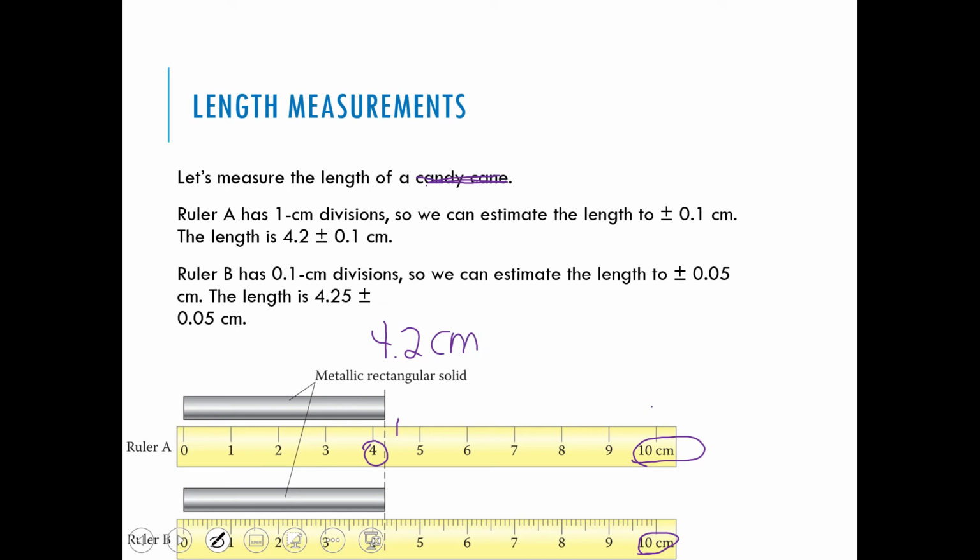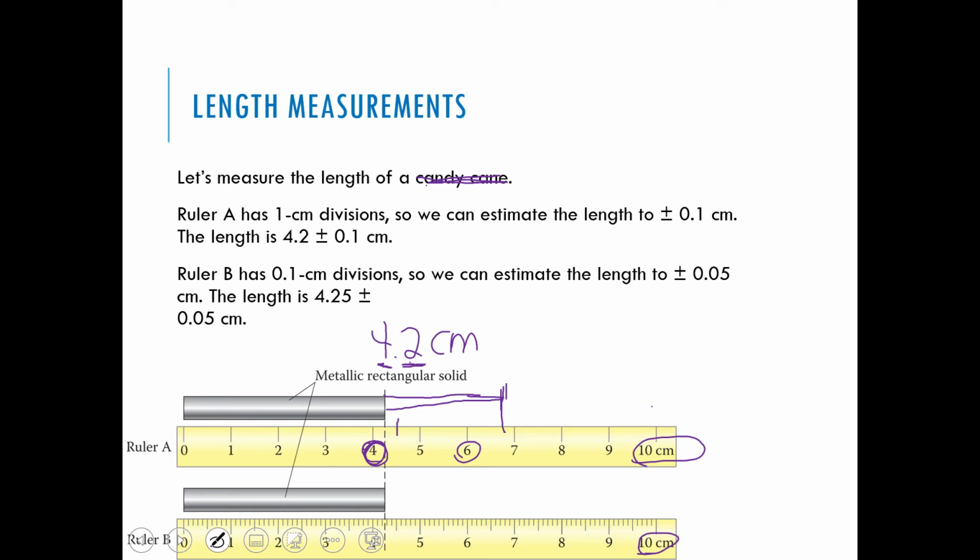about 4.2 centimeters. What's important is that we can be exact to the whole number here, and we could estimate one more digit. So if I were to lay a pencil on ruler A, and let's say the pencil went to here, we would be able to estimate and say, well, it's 6 point, and then I would follow this down, maybe 6.8.